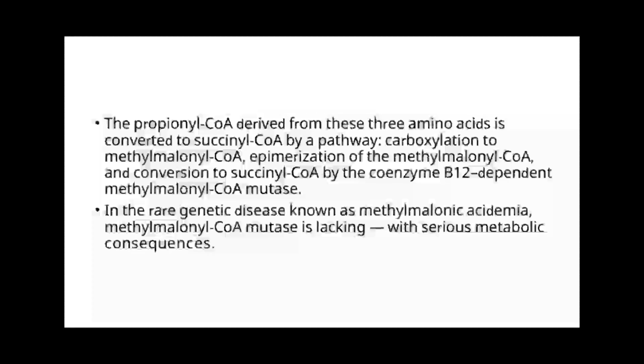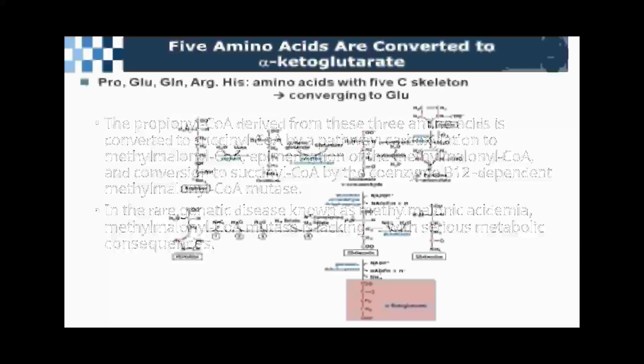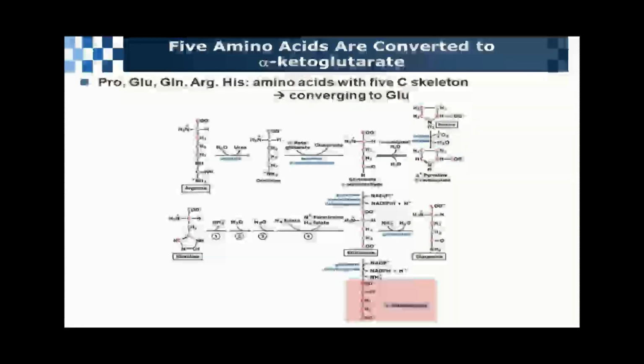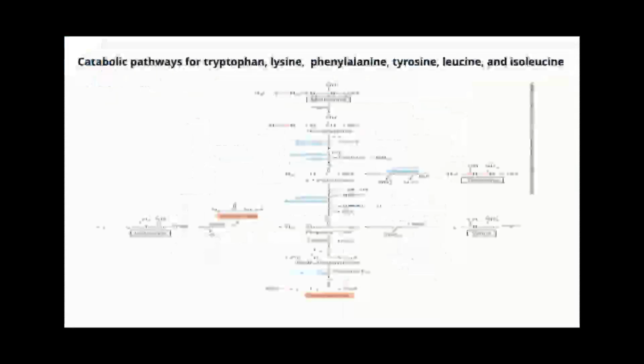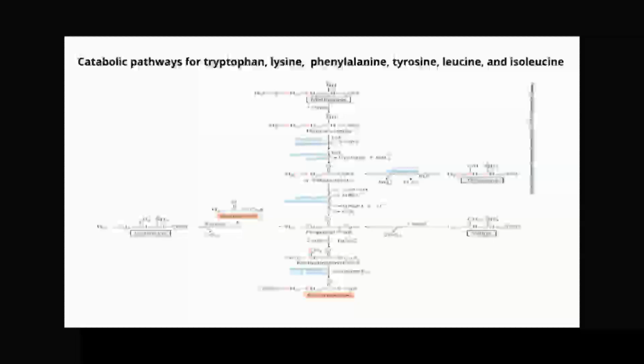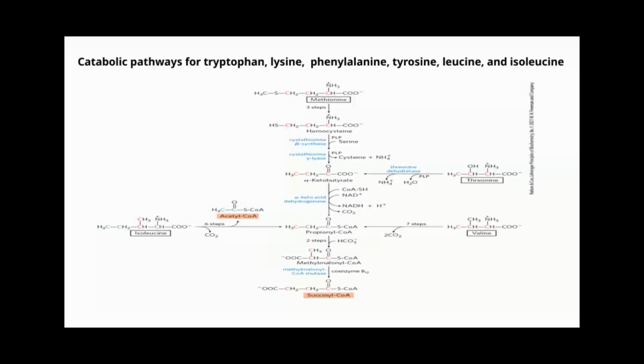Now, let's take a look at the catabolic pathways for some essential amino acids: tryptophan, lysine, phenylalanine, tyrosine, leucine, and isoleucine. These pathways are crucial because they show how our bodies break down these amino acids to generate energy or produce metabolic intermediates. Each of these amino acids has a unique route through the metabolic network, but they all ultimately contribute to the cell's energy supply or biosynthetic needs.